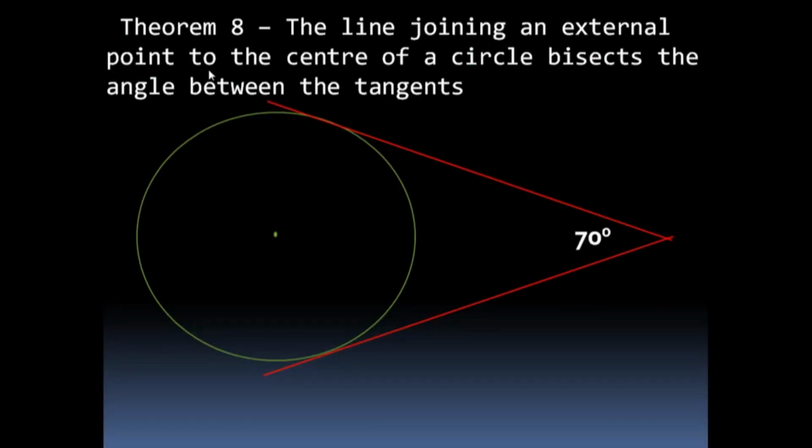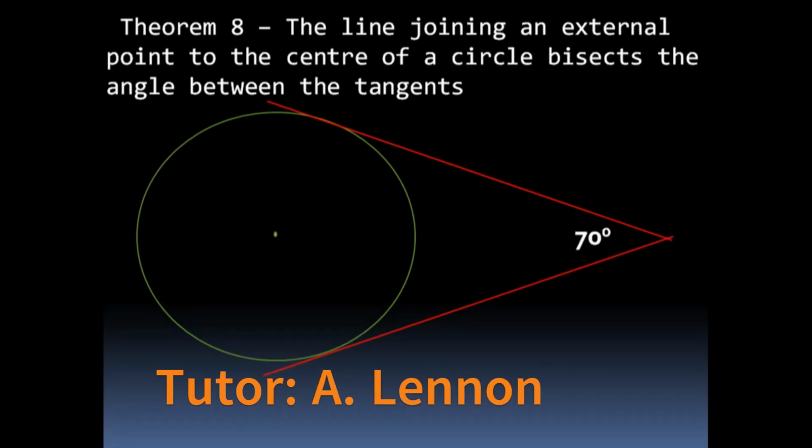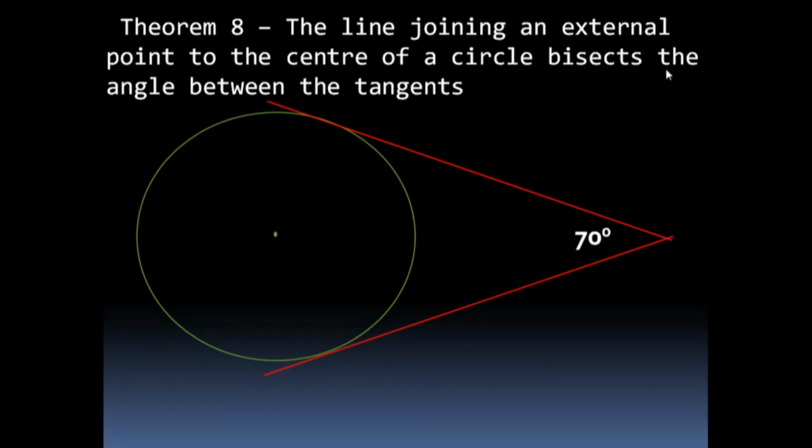So we have the external point here, and we're going to have a line that passes from this external point. We're going to have a line that is drawn to the center of the circle. So we're going to have a line drawn from the center to the point of contact between the two tangents. And that line will bisect the angle between the two tangents.